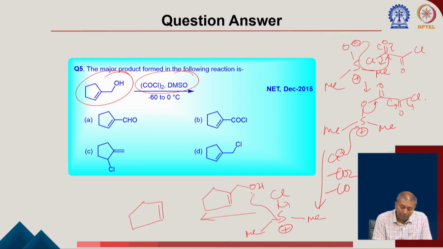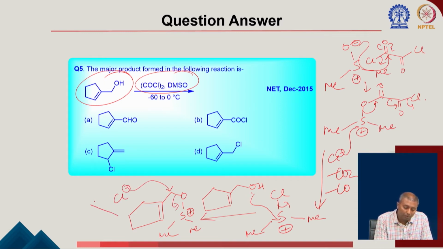But the problem is that after that, if you remember the mechanism, in the next step your base has to come and deprotonate to form the ylide. That can abstract the proton alpha to the alcohol and form the corresponding aldehyde. But because you don't have that, now this becomes an activating agent and you have a Cl minus in the medium, this can come and go for an SN2 reaction.